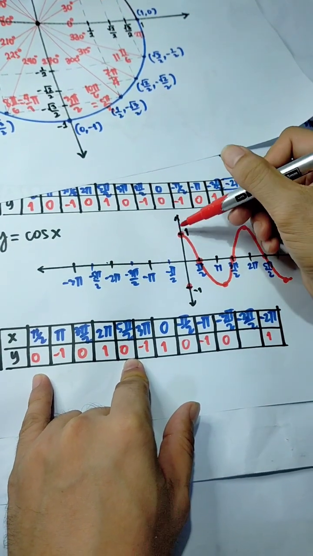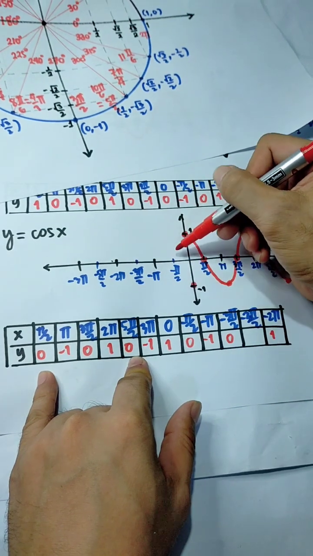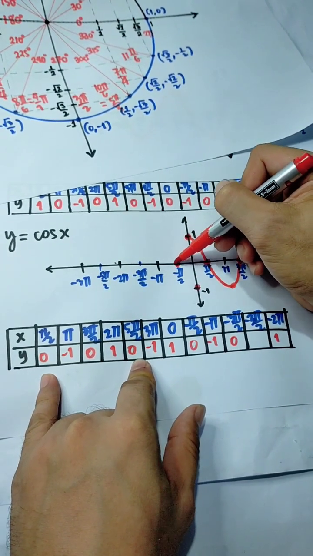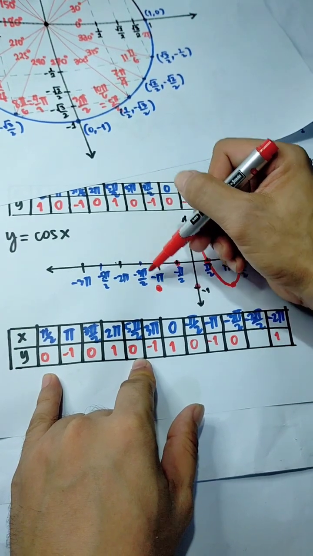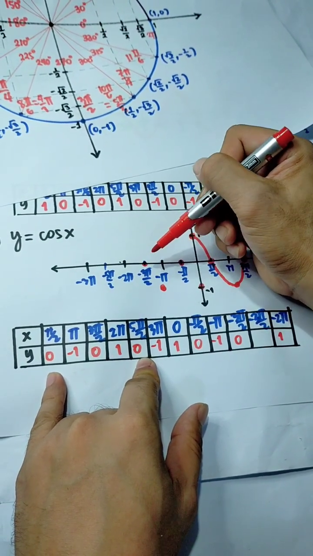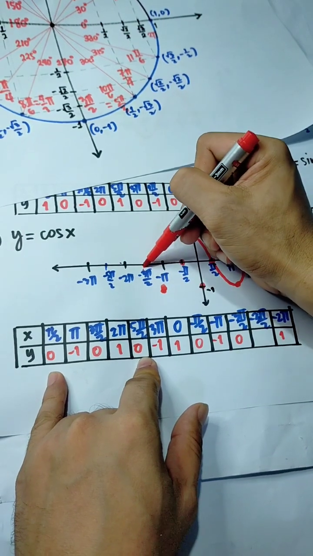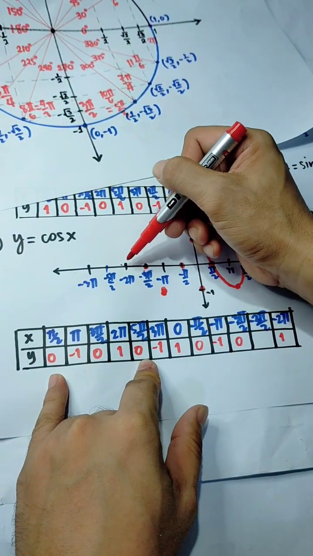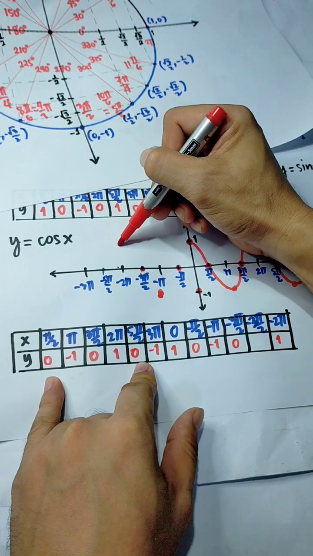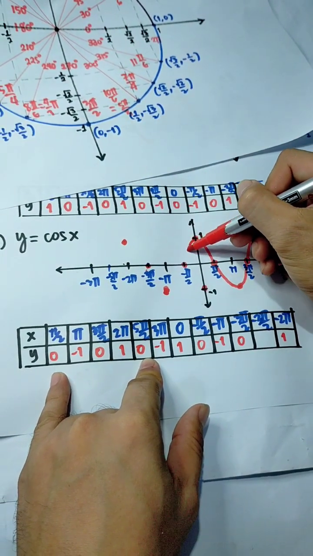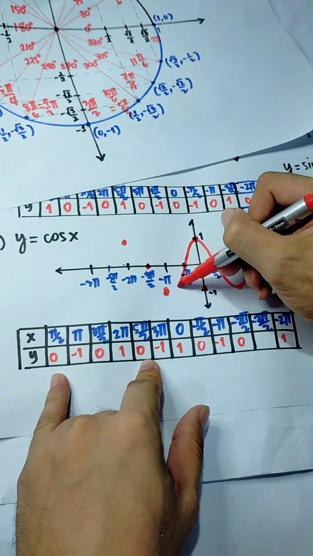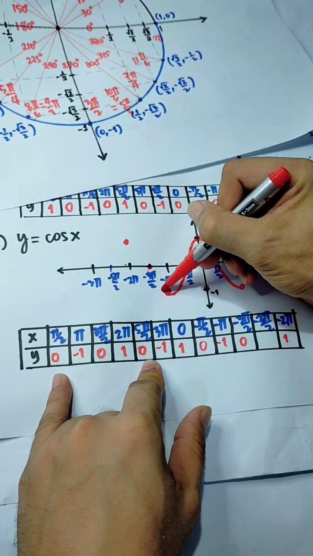Okay. Going to the negative x-axis, at negative pi over 2, we get 0. Then at negative pi, we get negative 1. Then at negative 3 pi over 2, 0. And then at negative 2 pi, we get 1. Okay, so let's connect the points with the curve now.